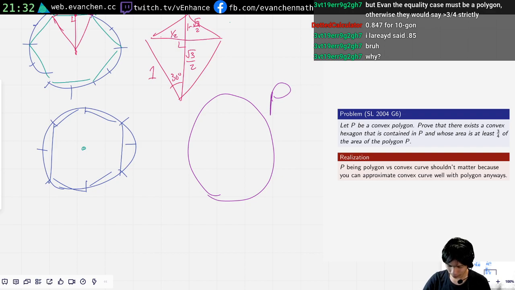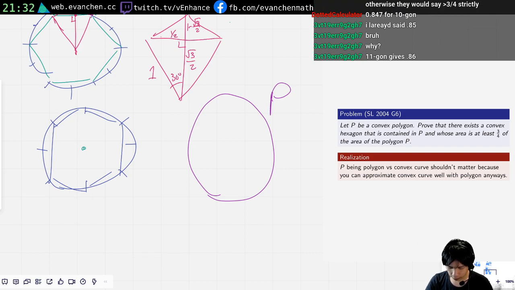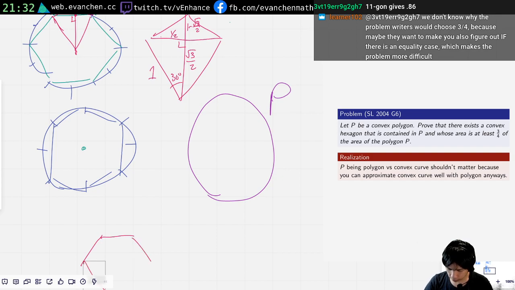Okay, let's think about it this way then. If you think there's an equality case, which is possible, let's look for it. We'll go the other way around and say, suppose I have a hexagon and I want it to have 3/4 the area of some ambient shape. What would 3/4 mean? That means I need to divide this into thirds and then copy a third of it.